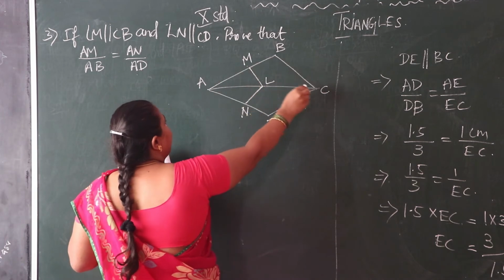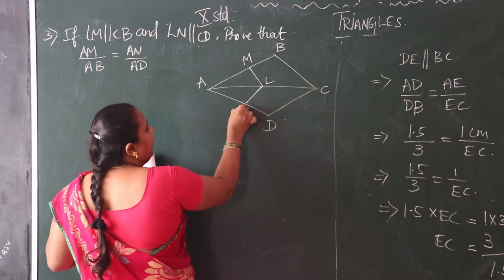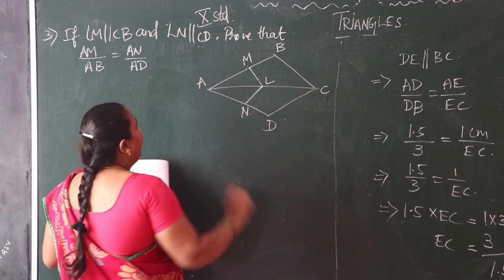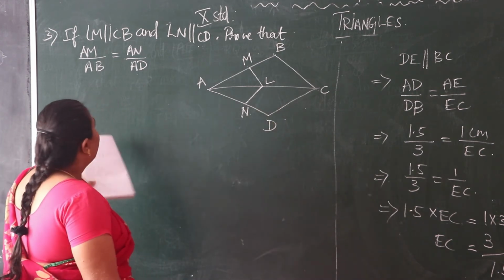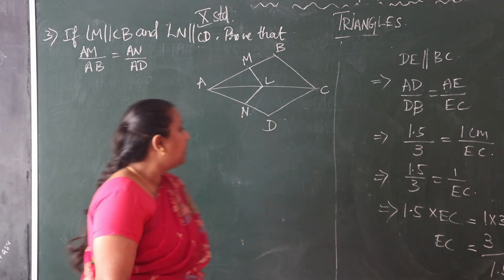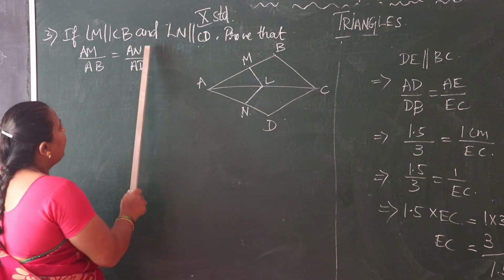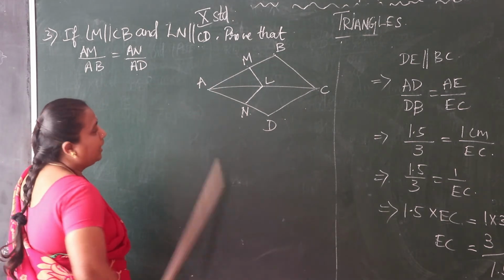LM is parallel to CB and LN is parallel to CD. Prove that AM by AB is equal to AN by AD.